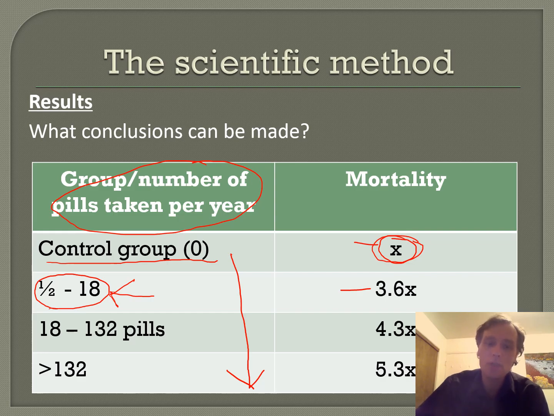So we still have to be careful not to jump to conclusions. We can't say that taking sleeping pills actually increases mortality. And why is that? Well, basically because we aren't controlling for the type of person who is going after these pills.